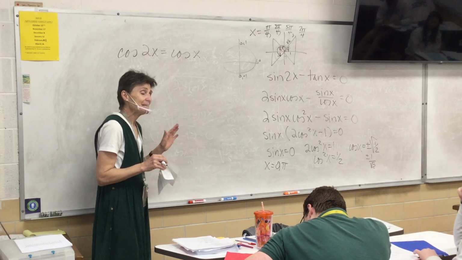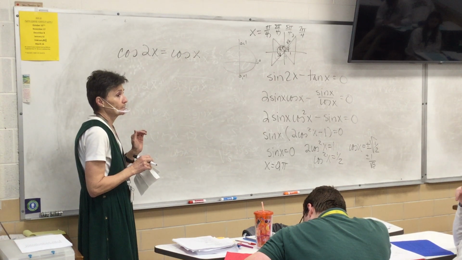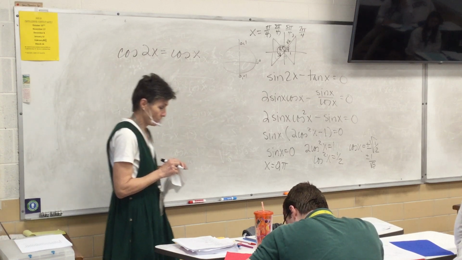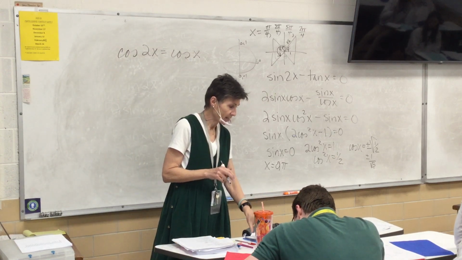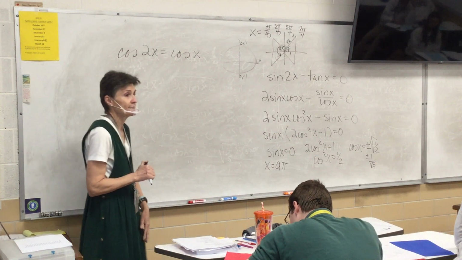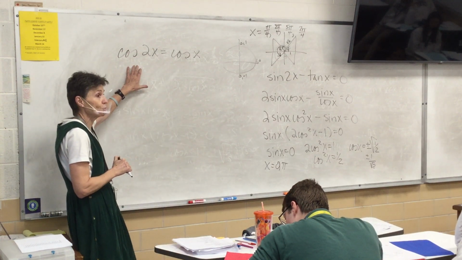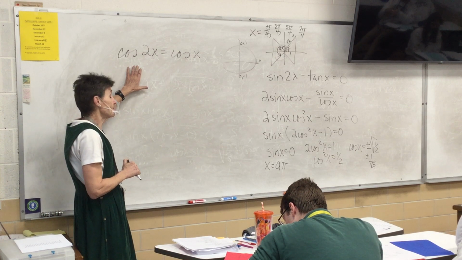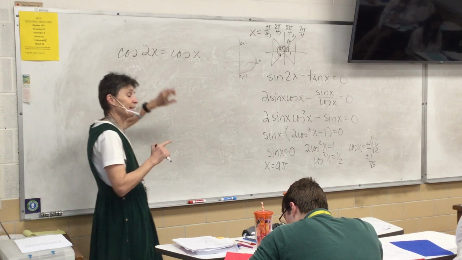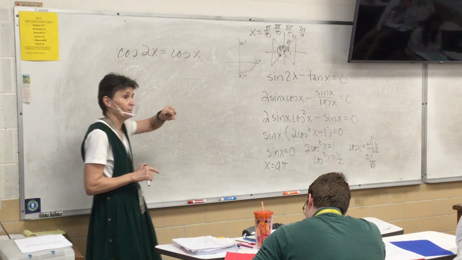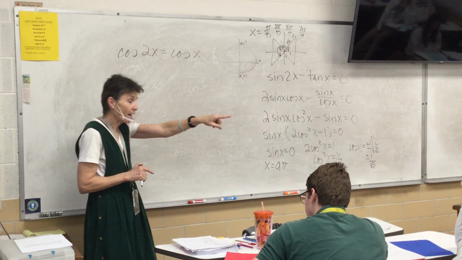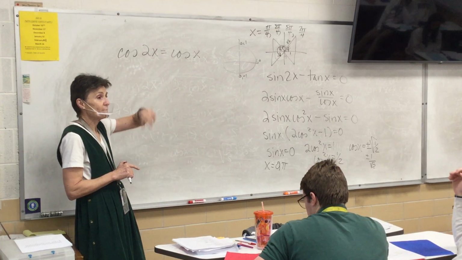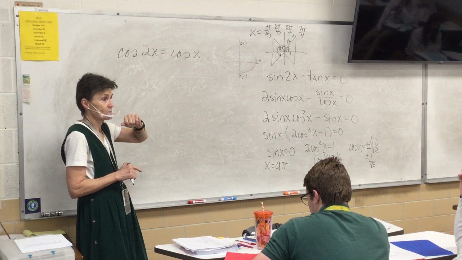But it's going to be easier to use one form than the others. Does anybody have any idea which form would be the easiest for cosine 2x? Sam? Cosine squared minus sine squared. That's always my go-to, but that isn't going to be the easiest in this problem. It'll work. We'll talk about how it will work. But what might be the easiest to use in this problem?